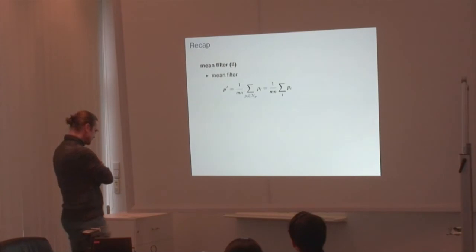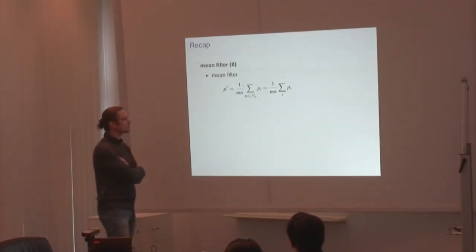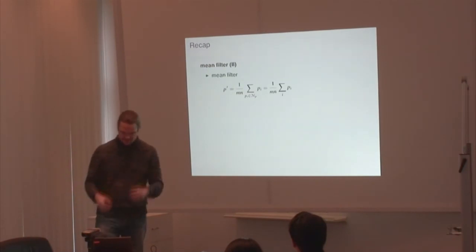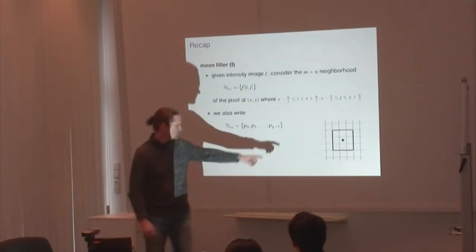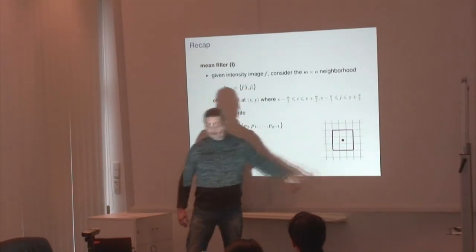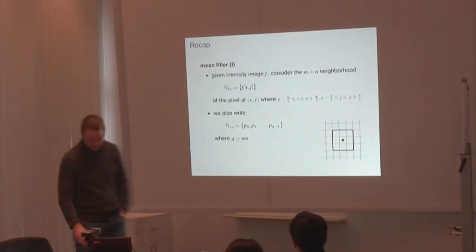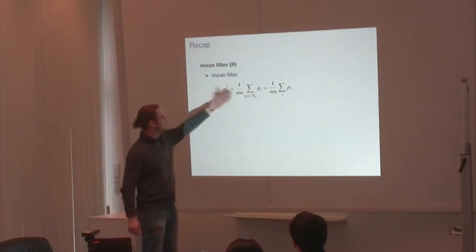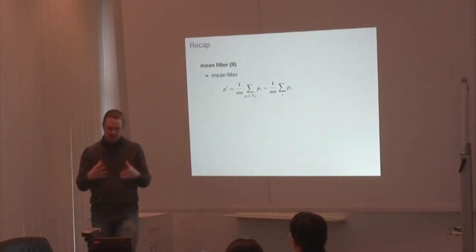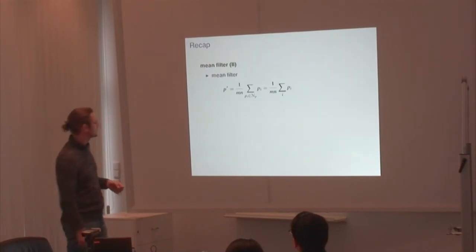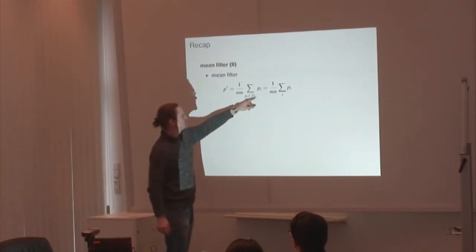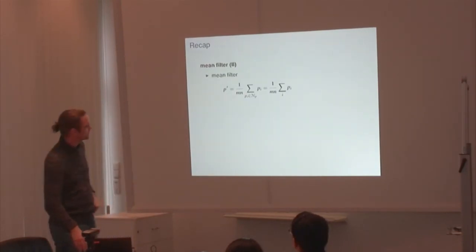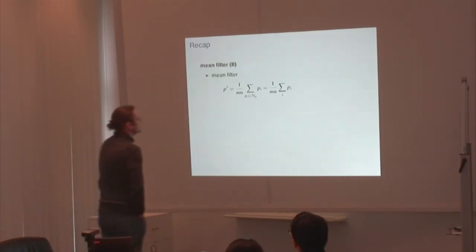And the idea of mean filtering is simply to compute a new pixel value for the pixel we are talking about. So we want to compute a new value for the one indicated by the black dot, simply by averaging over all the pixel values contained in this set N, and here I'm writing N_p instead of N_xy, but it's the same thing, you get that, right?